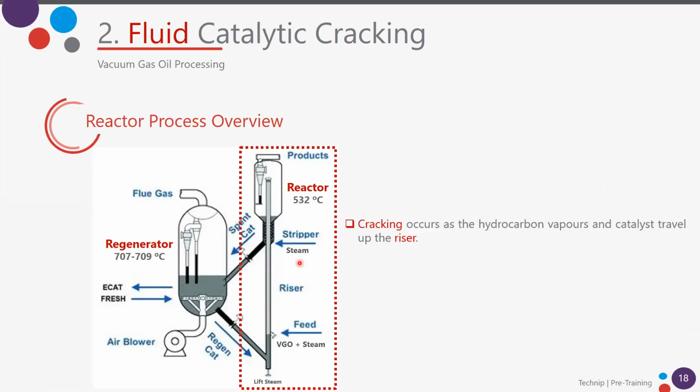So the cracking occurs as the hydrocarbon vapors and catalysts travel up the riser. We have the hydrocarbon and the catalyst traveling up the riser, and we will have our cracking reactions here.